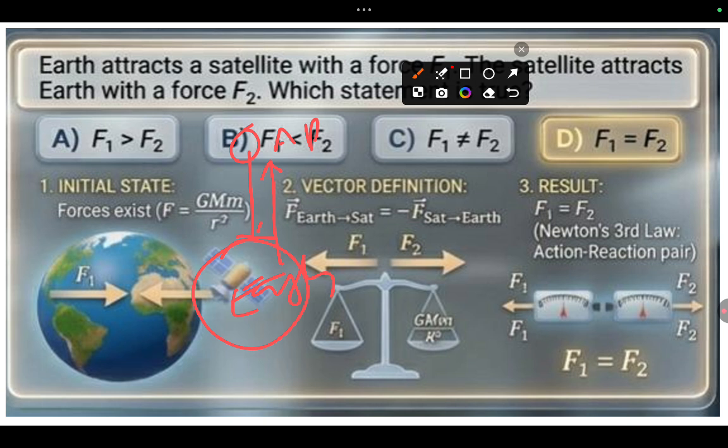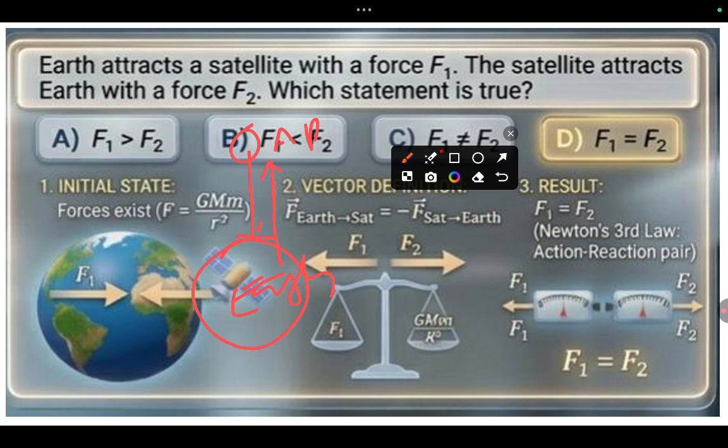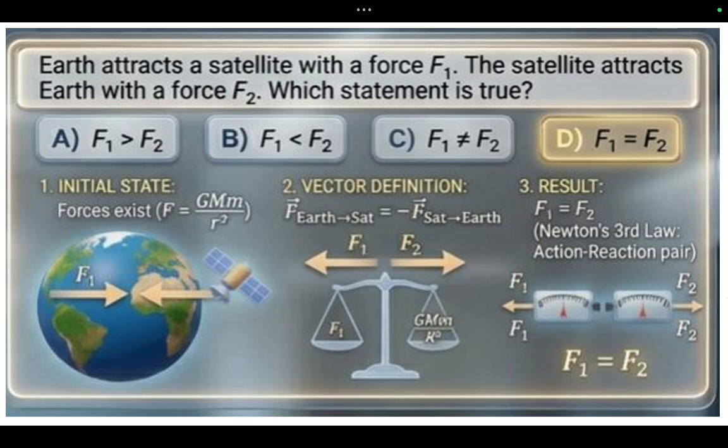Now the question is that Earth attracts a satellite with a force F1. Here the satellite is attracted by force F1. Similarly, the satellite also attracts Earth with the force F2. So as per Newton's third law, F1 is equal to F2.